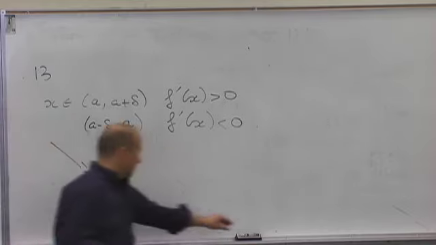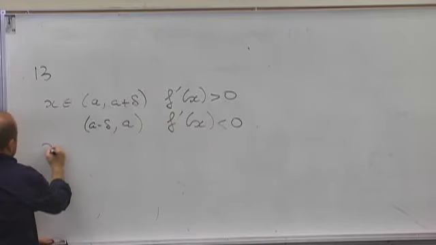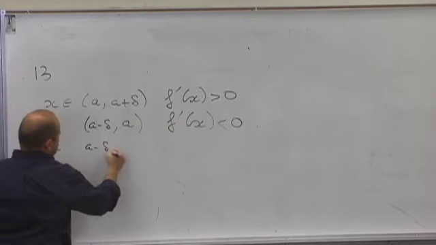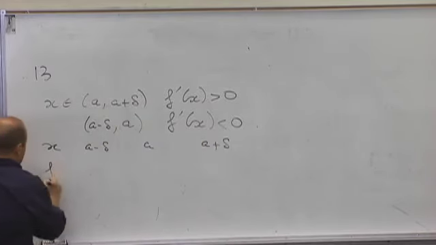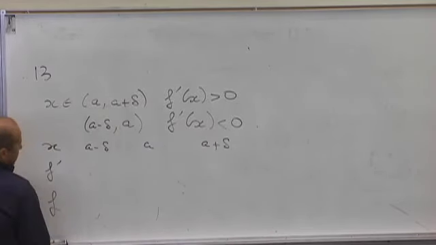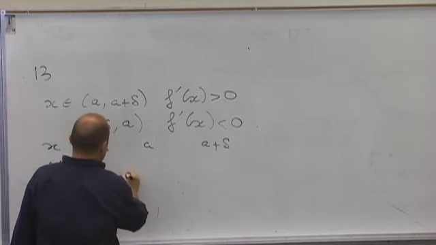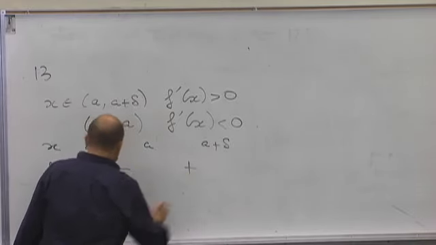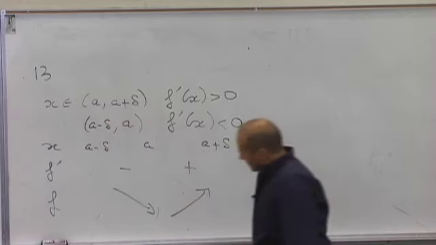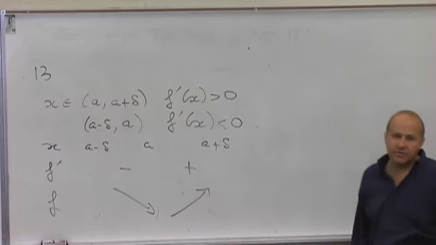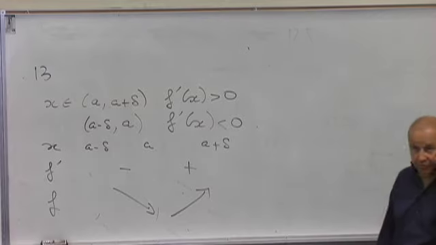So maybe let's write this like this. x, a minus delta is here, a is here, a plus delta is here. f prime is this line and f is this line. And here we have negative, positive, so it's decreasing and then increasing. So it's clear that we need to have a minimum. Let's prove it.